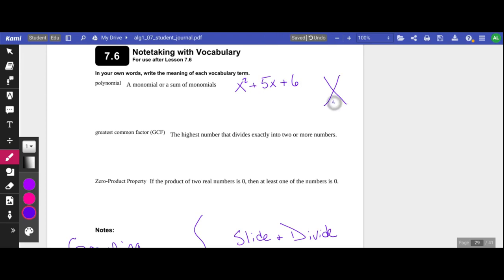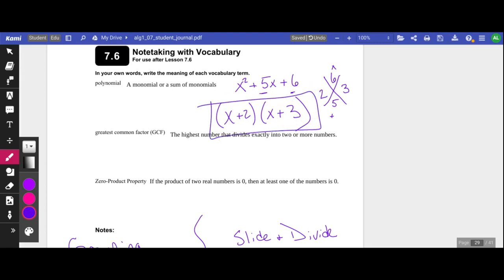You'd say, okay, well, 5 goes in the bottom, 6 goes in the top, and I'm thinking of the two numbers that add up to 5, my middle term, and multiply to 6, which is my last term. And I'd come up with 2 and 3, and I'd say, awesome, okay, x plus 2 times x plus 3. Okay, and that would be that factored form of the polynomial that I had.